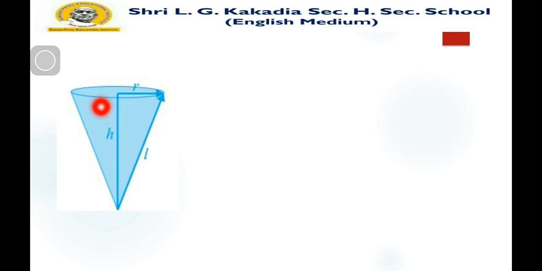This one is the height of the cone, this one is the slant height of the cone, and this is the radius of the base. You know that the cone has a circle as its base.